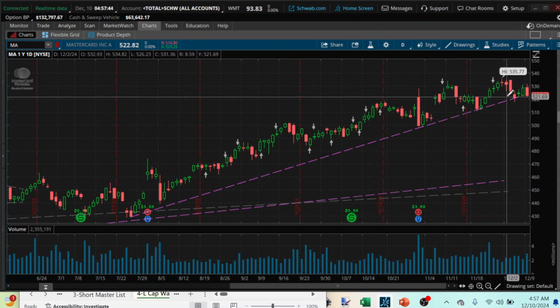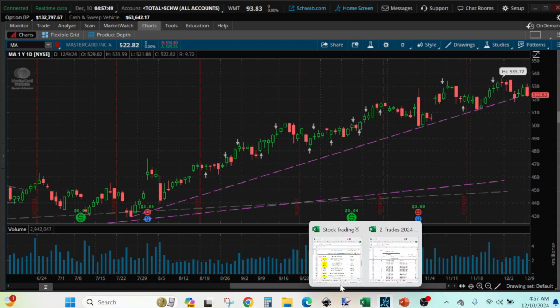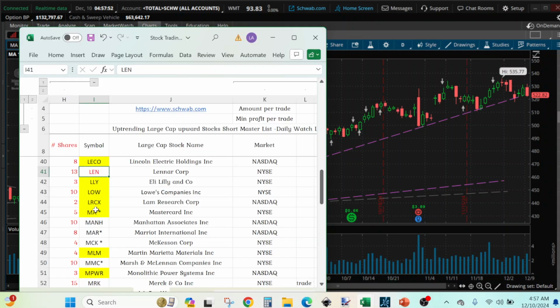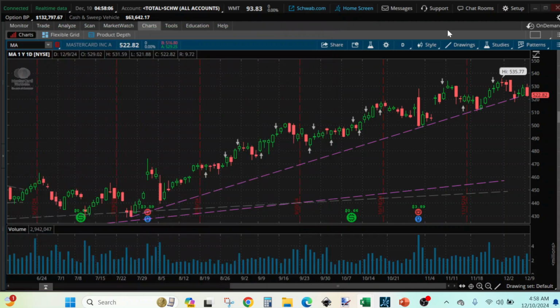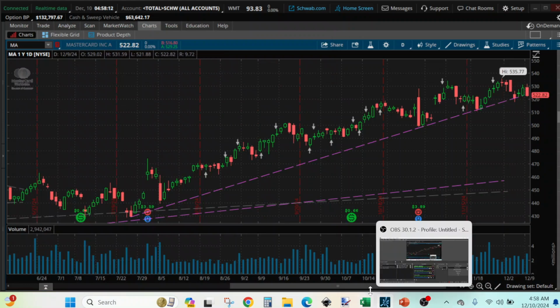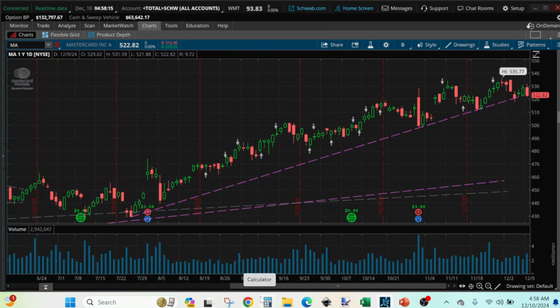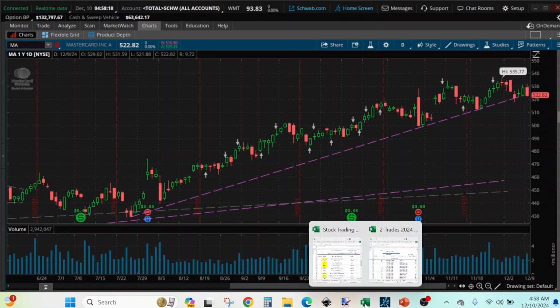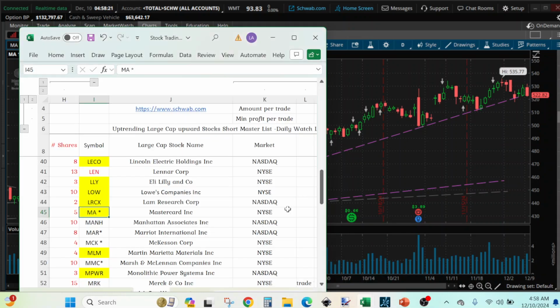Did we buy it again? Why is it showing yellow on our chart? That's something I need to take note of, to see if we bought it again, because this arrow signifies we bought it, this arrow signifies we sold it, and it is on this line here. I'm going to take note of that so that I can review it.